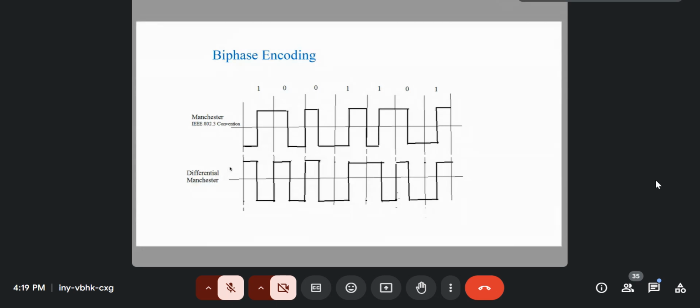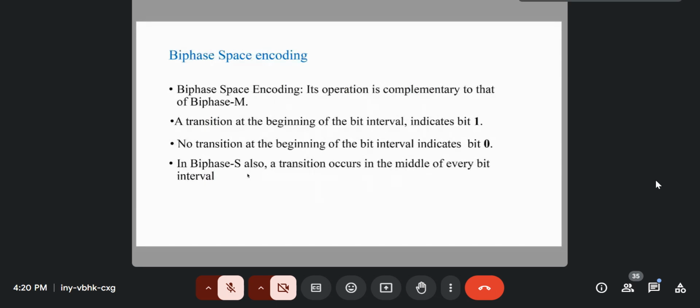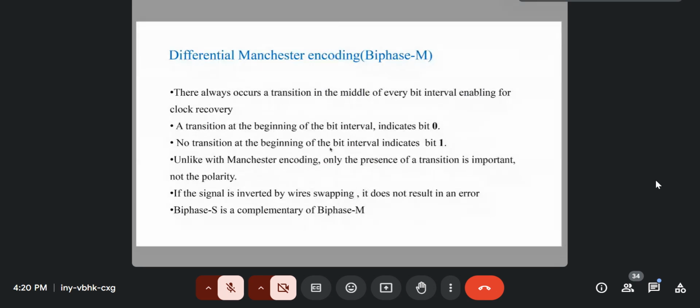Now, differential works in a different way. There's only a transition when, which one is this? I want to ensure that the transition is for bit 0.